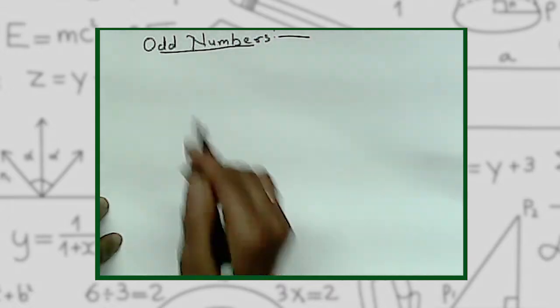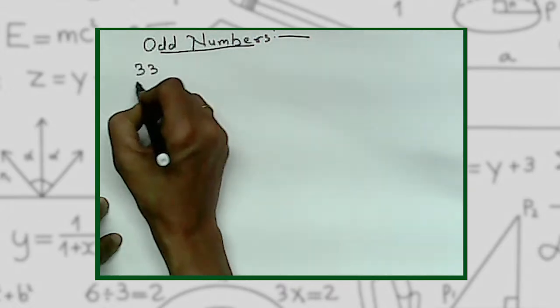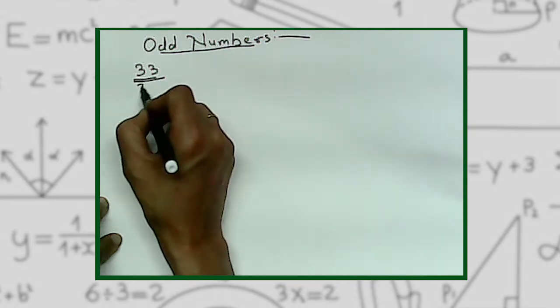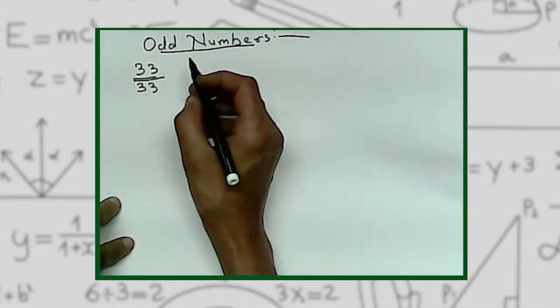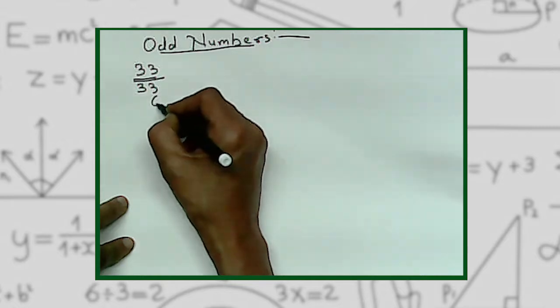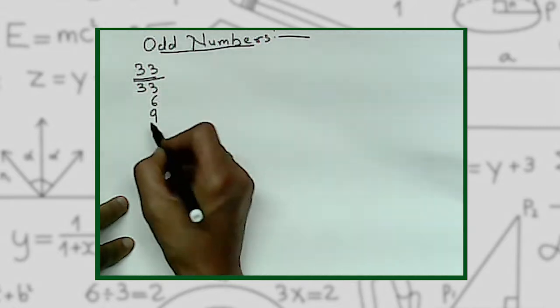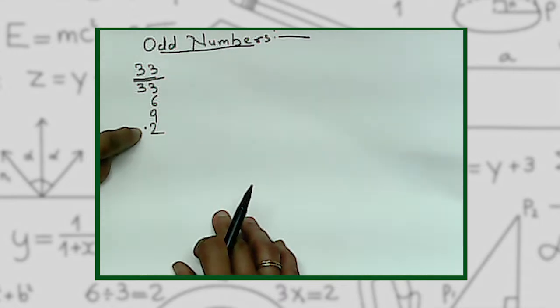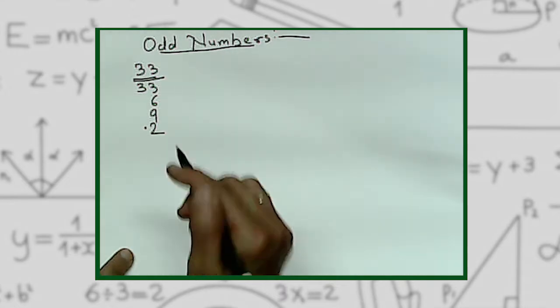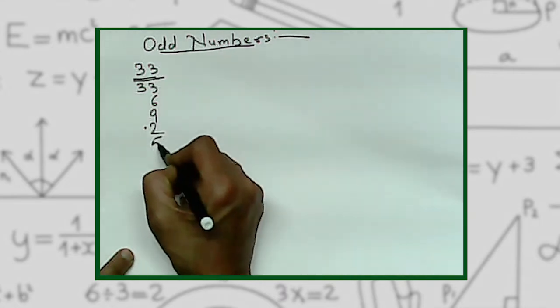First of all, again we will take simple numbers to understand. Table of 33, we will take that number as the base number, and the same method: 3 plus 3, 6, plus 3, 9, plus 3, 12. Again we will give a point here instead of the tens place and we will follow the units place. 3 plus 2, 5.